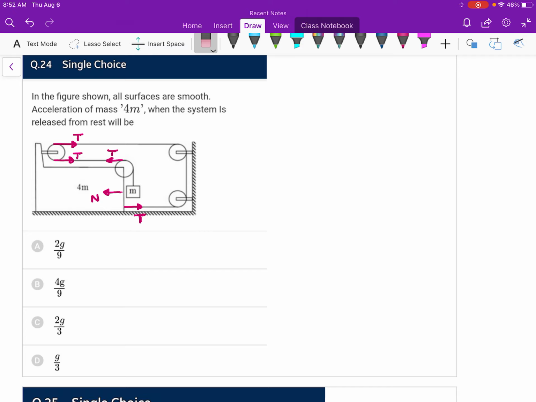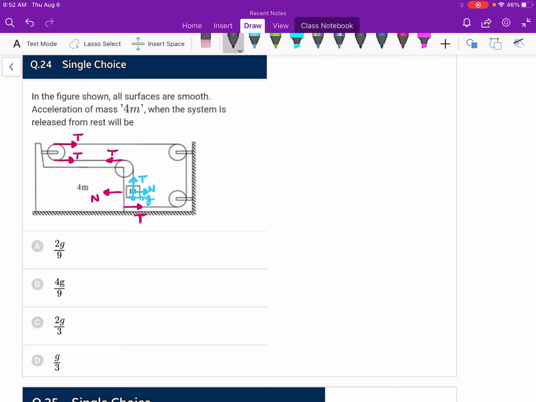So these are the forces acting horizontally on the wedge, okay. And on the block, normal reaction is acting in this direction, tension is acting in this direction, and mg in this direction. These are the forces on the block, okay.